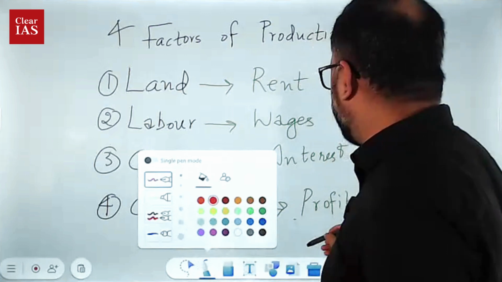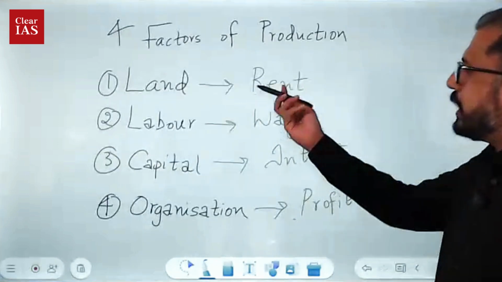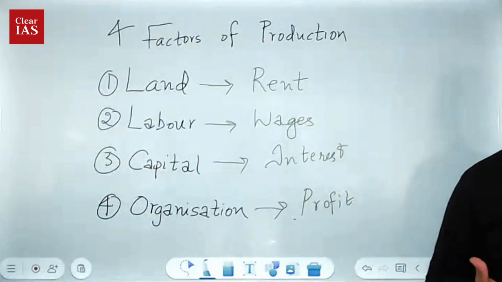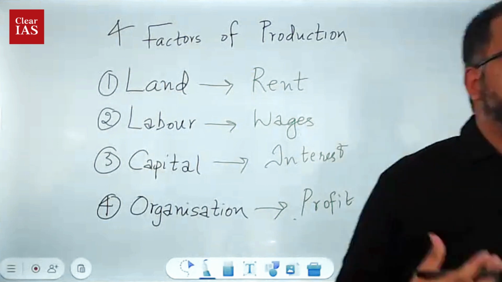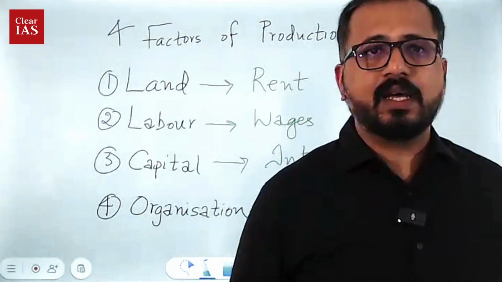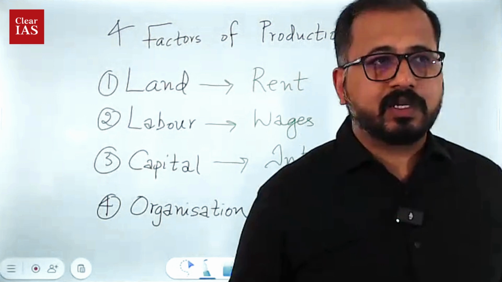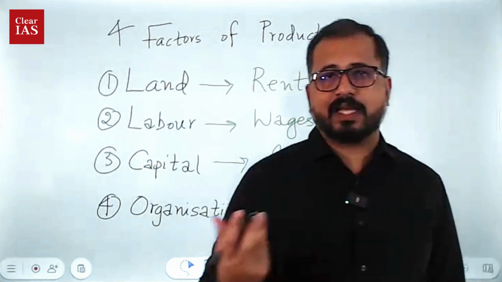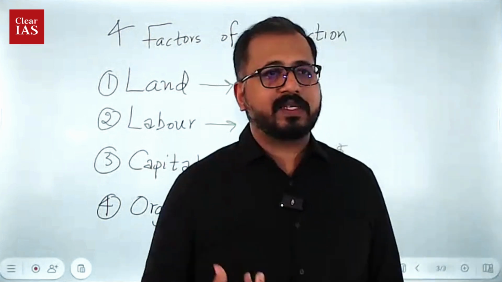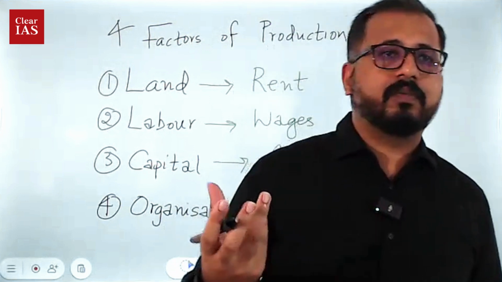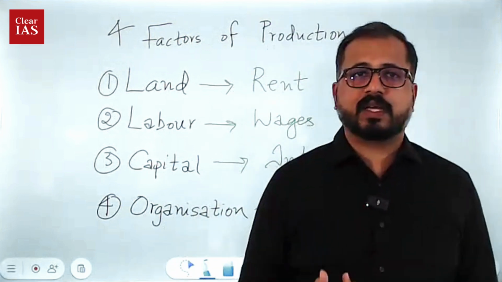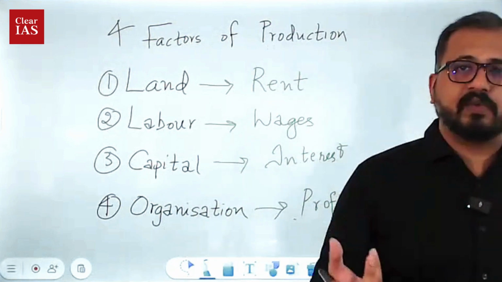And I will just introduce a few other terms for this. Land, right? By land, it means actually all the natural resources, not just land as such. If we use any natural resource, that can be considered as land. For example, Jio is a company in the internet connectivity field, right?